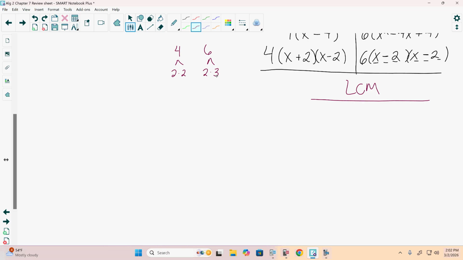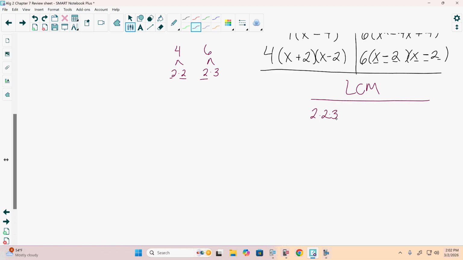So we look at the factors, whichever one has the most of that factor, that's how many we take. So 4 has 2, 2, so we need 2 twice. And we could list it out here, and we can say 2 times 2. 6 has one 2, but 4 had more, so we don't care about it. 6 has one factor of 3. 4 doesn't have any. So we can say it's 2 times 2 times 3.